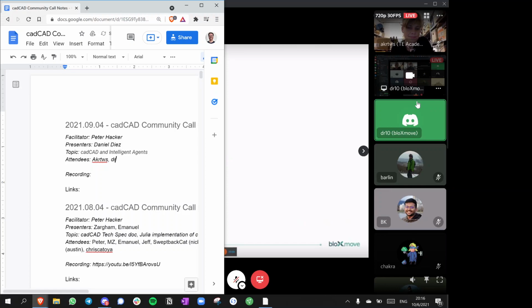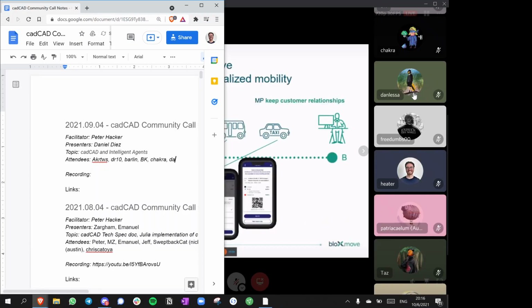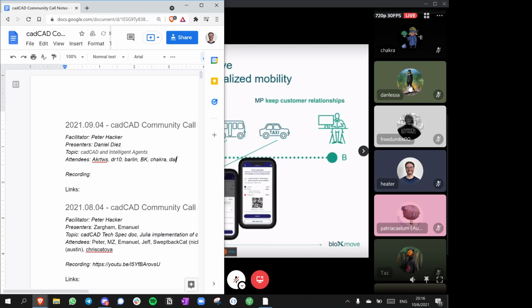Okay, so let's start with bloX.move. What is bloX.move? The platform that I'm working for, the platform that we are developing, is basically a blockchain platform for decentralized mobility. That means that the problem that we want to solve is the integration of different mobility providers and make it easy for the user to operate with all of them.